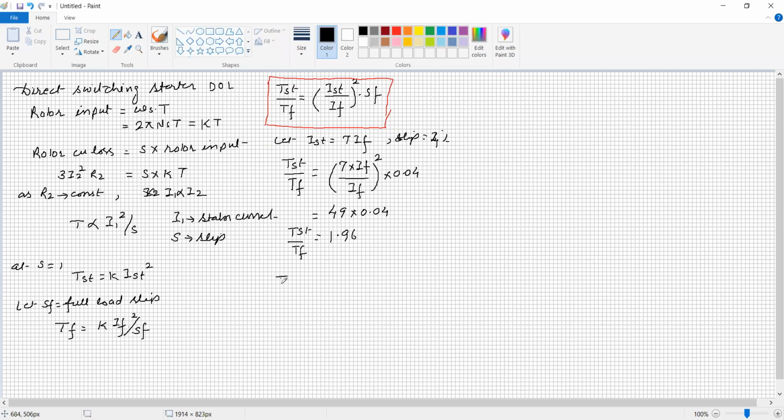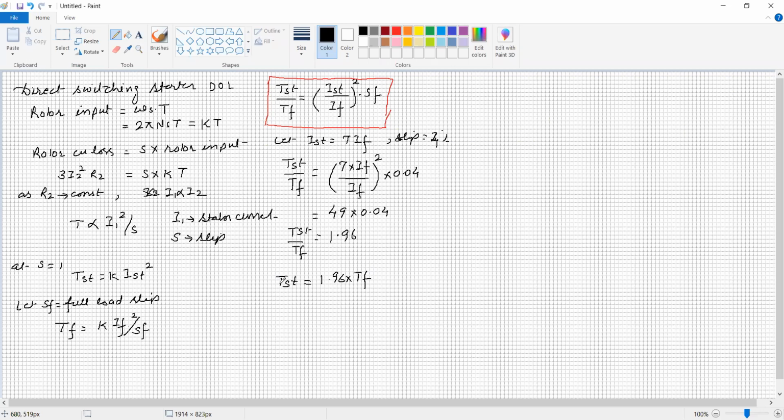Or you can say that starting torque is 1.96 times full load torque. So our conclusion is that the starting torque of a three-phase induction motor is hardly 2 times its full load torque, even when the starting current is 7 times.